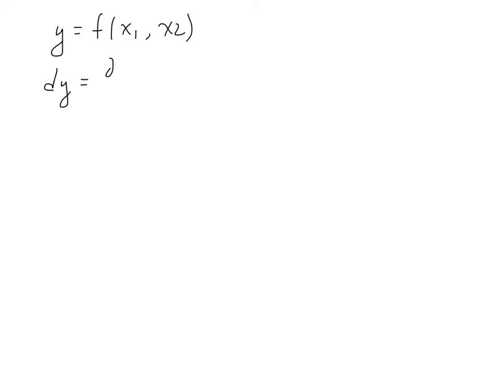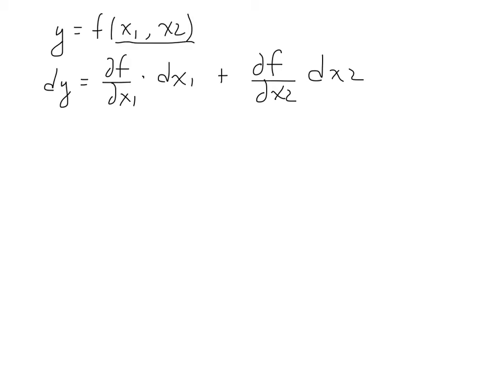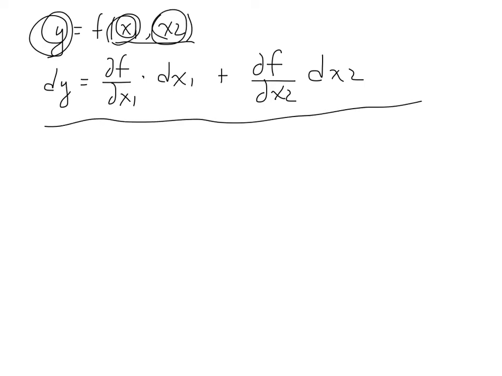It's going to be the change in f when x1 changes a little bit times some actual change in x1 plus the change in f when x2 changes a little bit times some actual change in x2. So when we have multiple variables like this, the total differential is really asking the question, how will y change when we allow a change in x1 and x2 simultaneously? And it can be expressed like this.